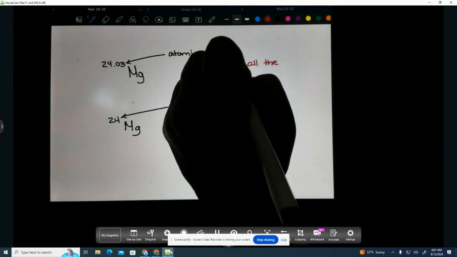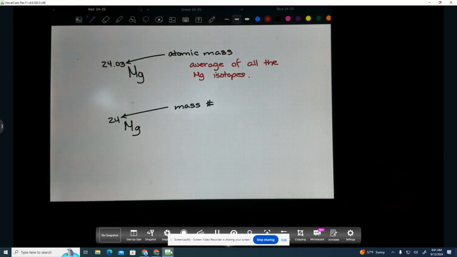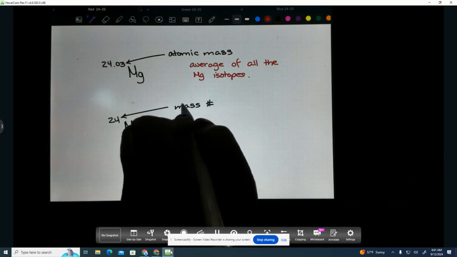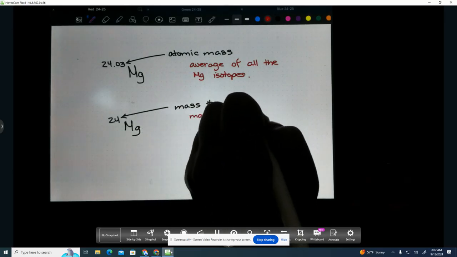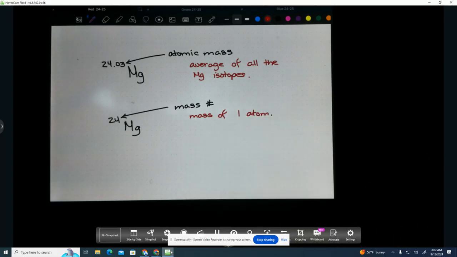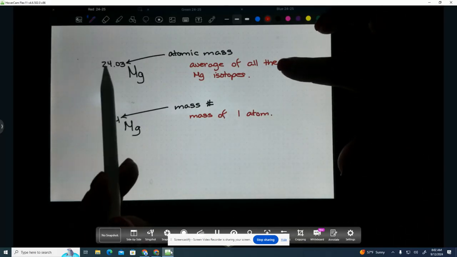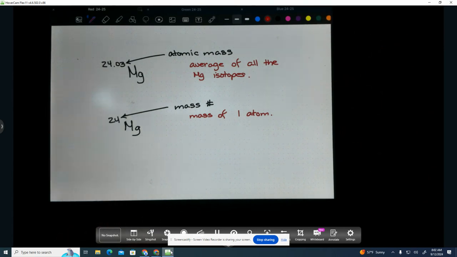We don't know what isotopes are yet, but I'm going to tell you in a minute. The mass number is the mass of one atom. That's the difference. So this is the average of all the magnesiums out in the entire world.